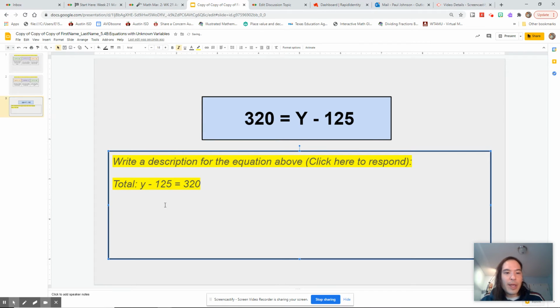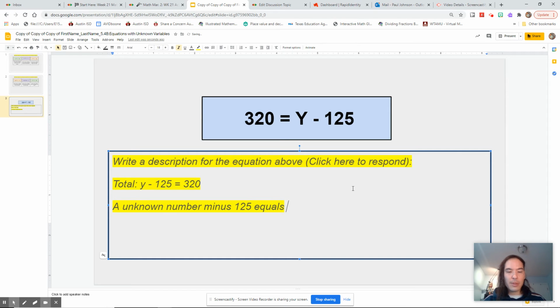So I need to make an equation. I need to write a description for the equation above. So let's write a word problem. You can write a word problem or you can do this literally. If I'm doing this literally, I could say an unknown number minus 125 equals 320.